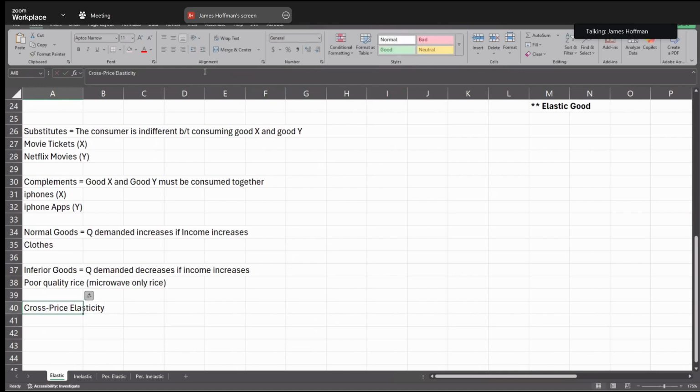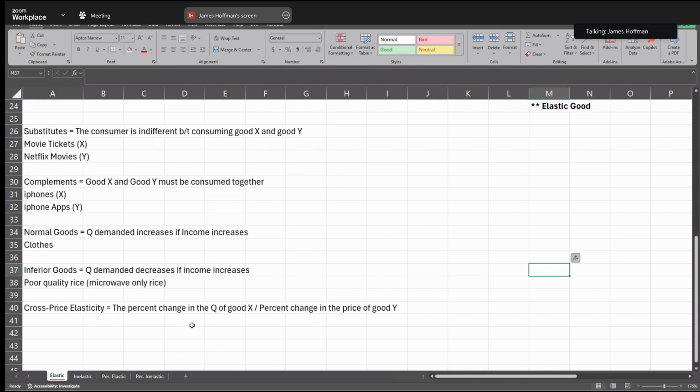Okay. Cross price elasticity is equal to the percent change in the quantity of good X divided by the percent change in the price of good Y. Okay?